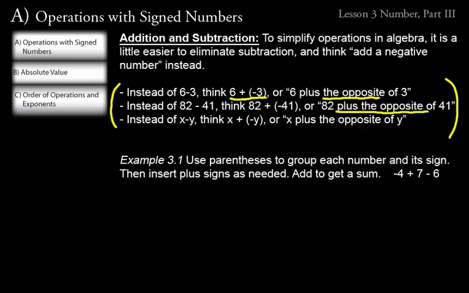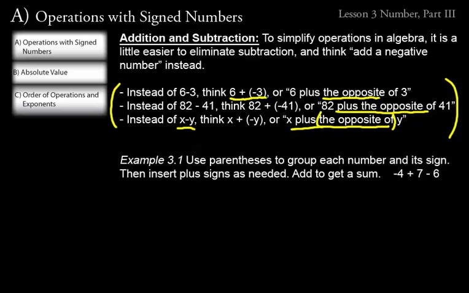And in algebra, we're working a lot of times with letters instead of numbers, or in place of numbers. So instead of x minus y, think x plus a negative y, or x plus the opposite of y. So that phrase there, the opposite of, that's an important phrase to think about when you're thinking of negative numbers.